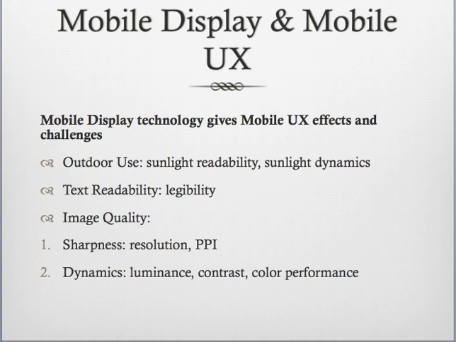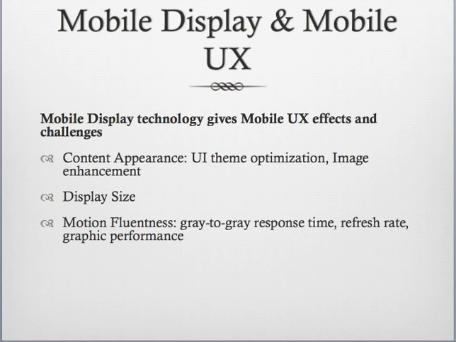And then we talk about the images, because of the light mode, the backlit lights, we have to care about the image quality, because sometimes the user experience is based on those images. So the sharpness, the dynamics, we have to care about luminance, contrast, color, performance when we do user experience design.